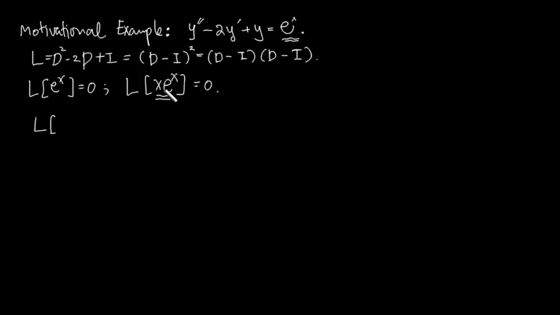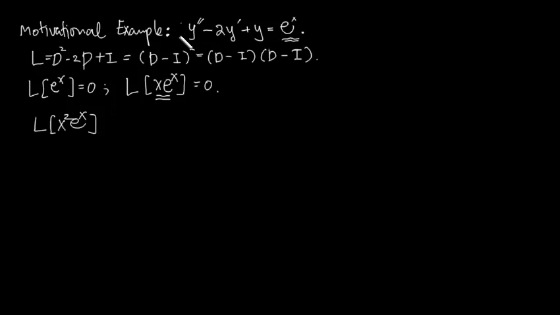If you try the next level, x squared e to the x, and differentiate 2 times, think about the product rule for a 2-time product, e to the x definitely survives.